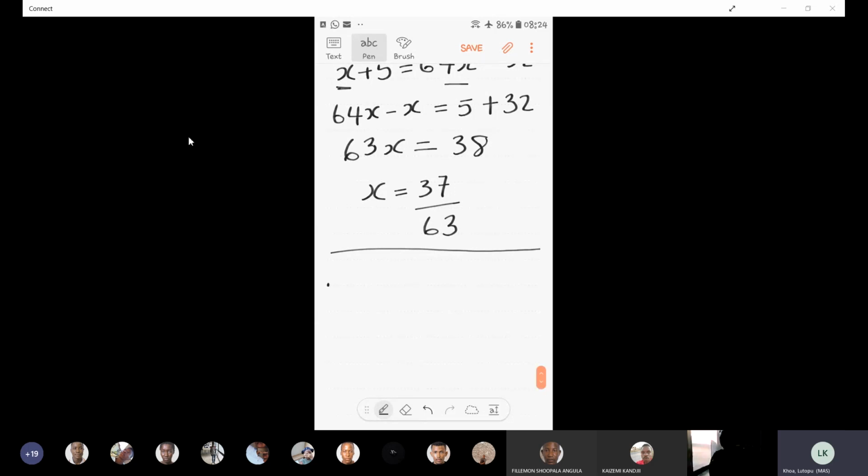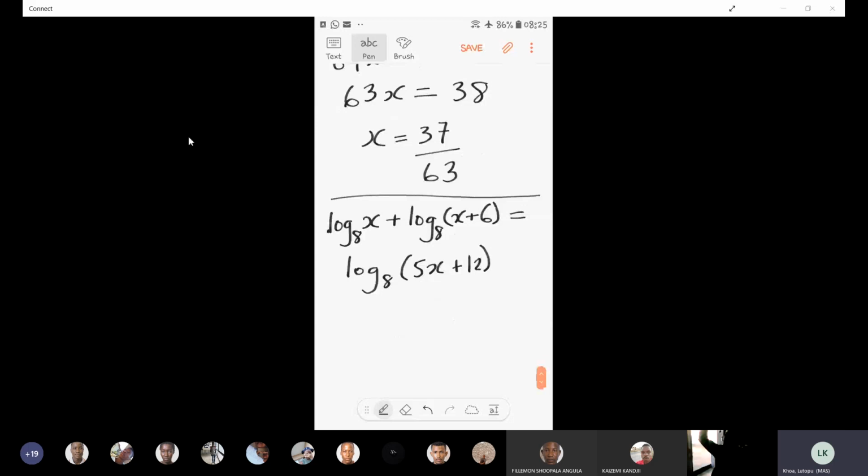We have log base 8 of x plus log base 8 of x plus 6, and this is equal to log base 8 of 5x plus 12.